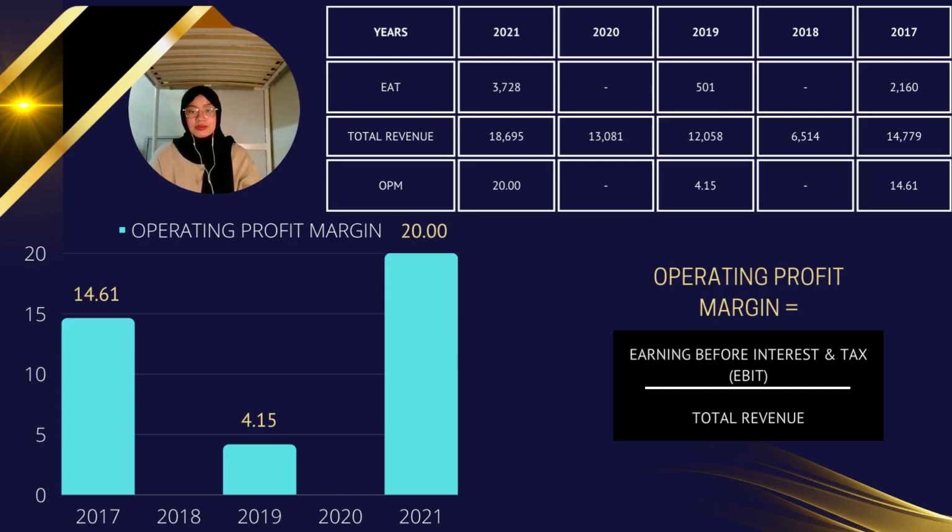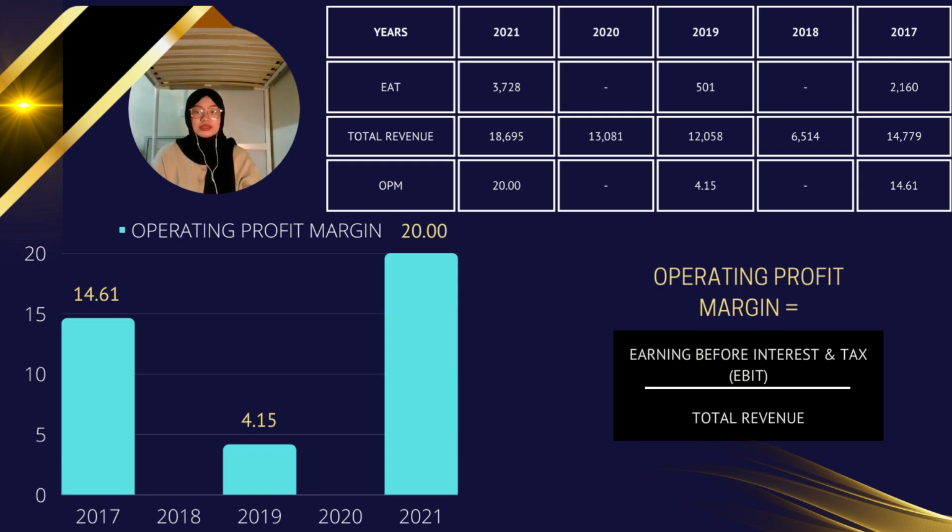So now, first we'll talk about operating profit margin. As we can see, the decline in operating profit margin from 14.61% in 2017 to 4.15% in 2019 appears to be the result of Sime Darby's operating leverage.